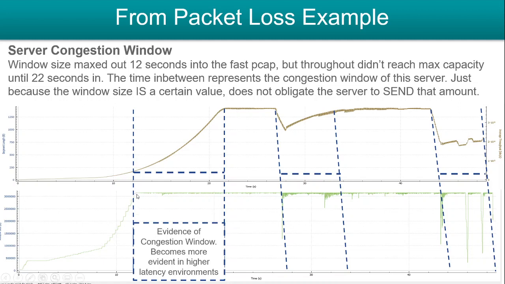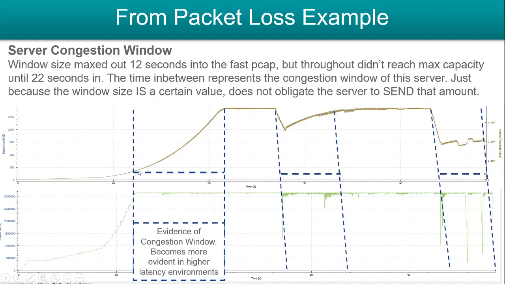So right here at the 11-second mark, this server could be transmitting 380 megs a second. But instead, it's way down here. We're probably only doing, what is this, maybe 50 megs a second?